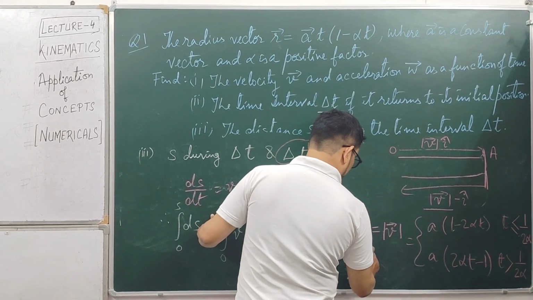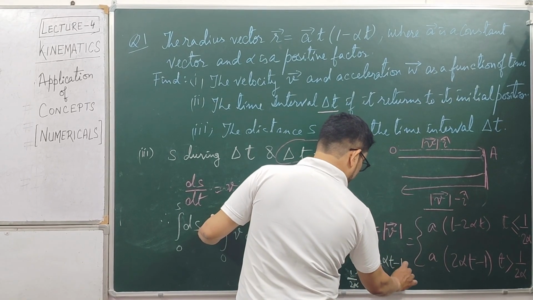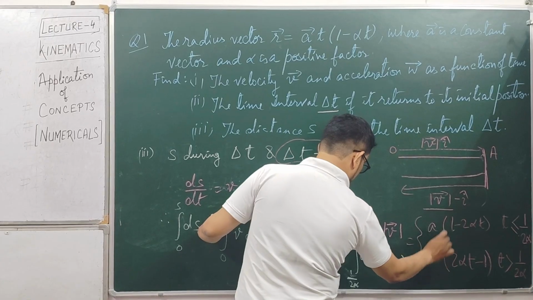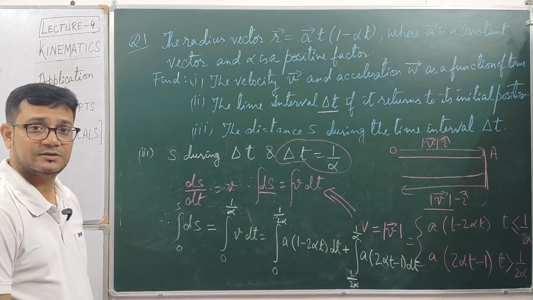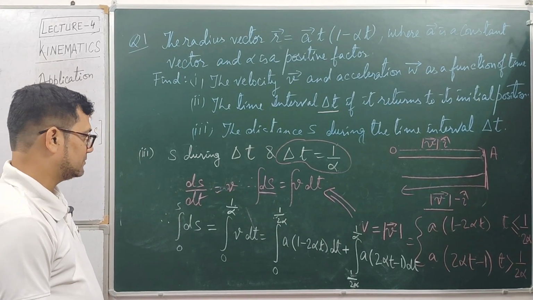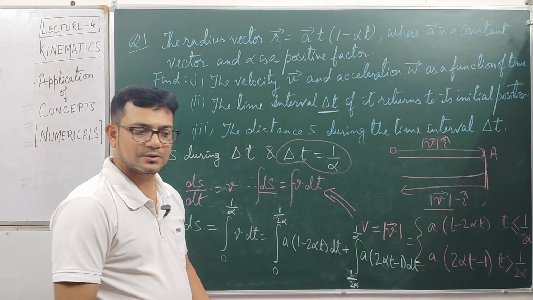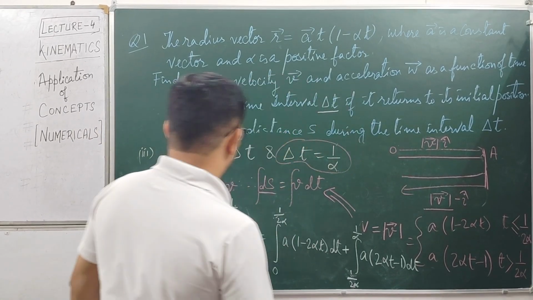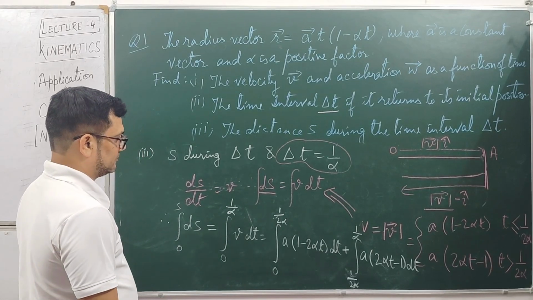This function would be a(2αt - 1) dt. So that is how we need to evaluate these two definite integrals to get the values. Take down these steps. It's quite conceptual and interesting, so let's move forward and integrate this to get the final expression.